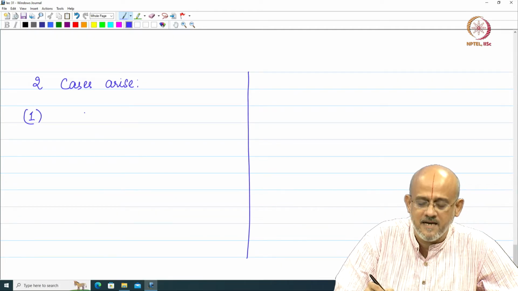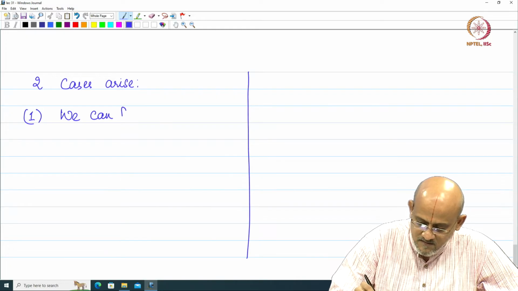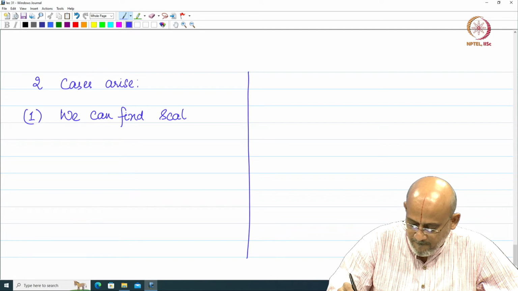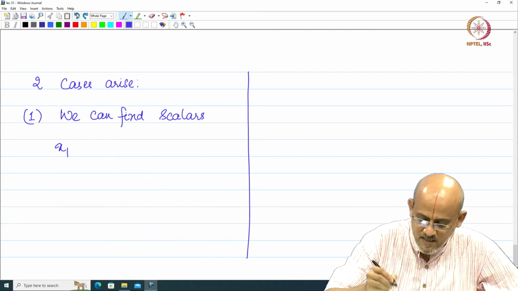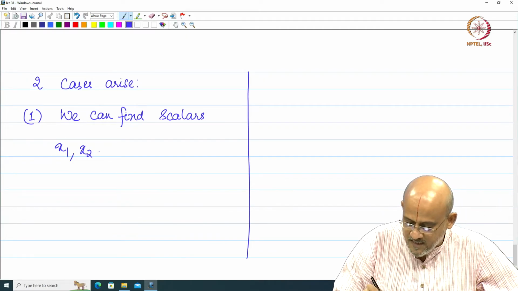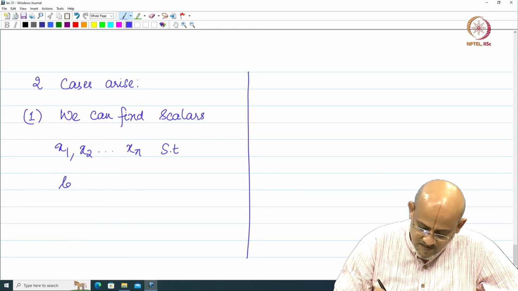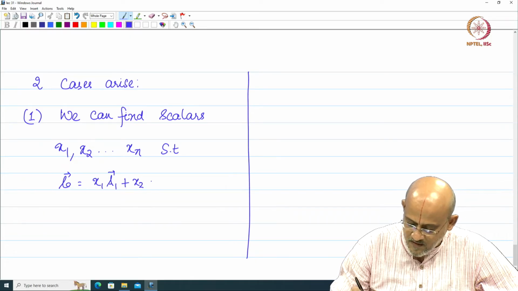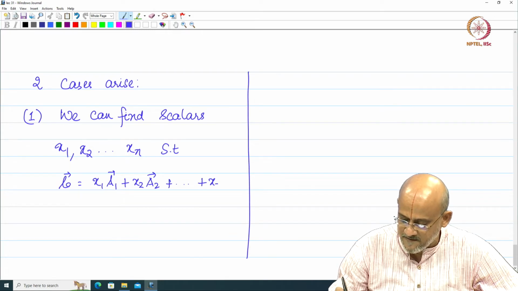The first case is that we can find scalars x1, x2, etc., xn such that the vector B can be written as x1 A1 plus x2 A2 plus etc. plus xn An.